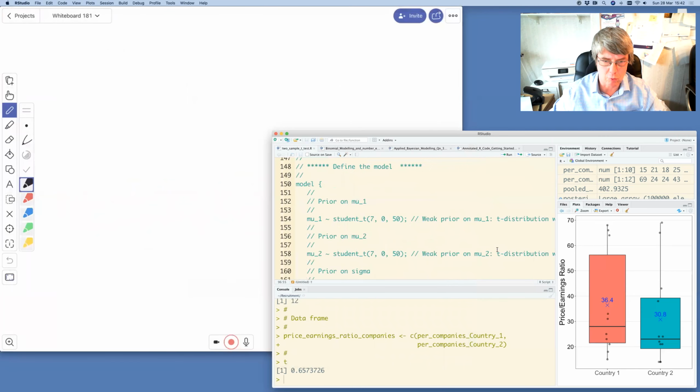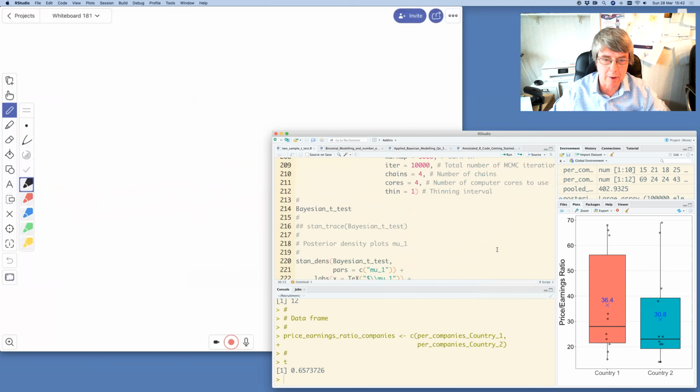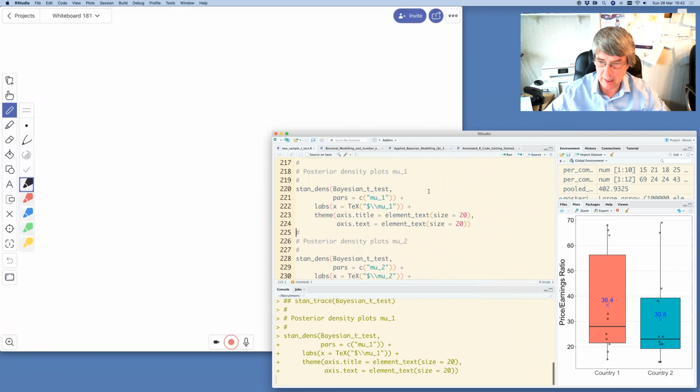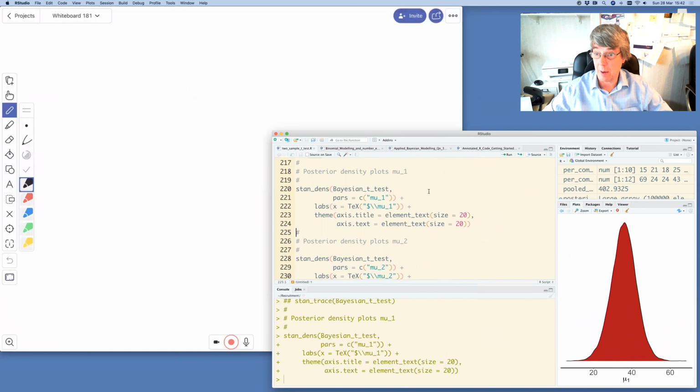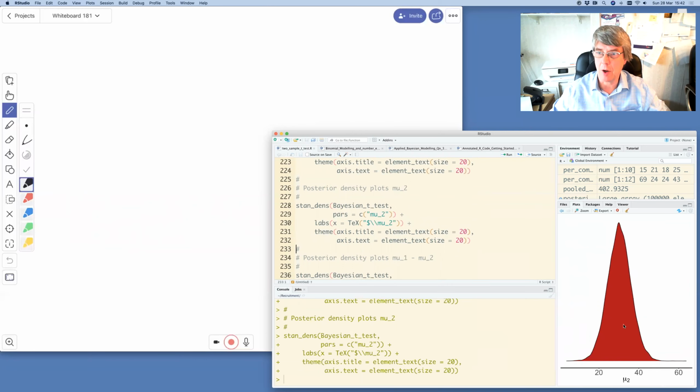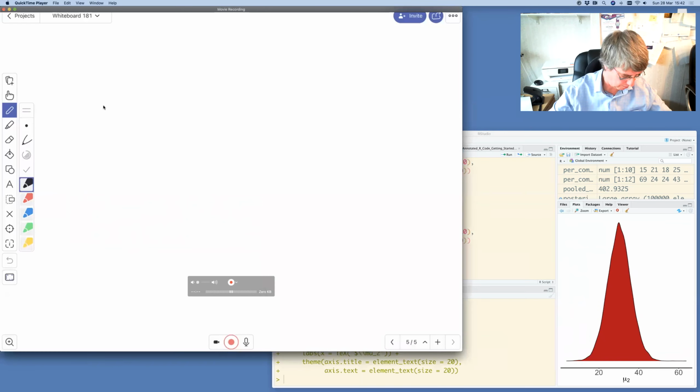So here's an example in this present case. I'm not going to run all of that code or explain it, but I'm going to show you the results of that code. And if we look there, we end up with a probability density function for the unknown parameter mu1, and also a probability density function for the unknown parameter mu2.